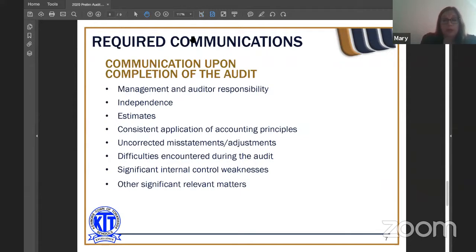Any material uncorrected adjustments or misstatements, any difficulties we encountered, any significant internal control weaknesses, and any other matters that may come up. And obviously, if we do see any of this during the audit or prior to the audit, we would reach out to management or to the audit committee or the board to discuss anything of a serious nature that might come up.